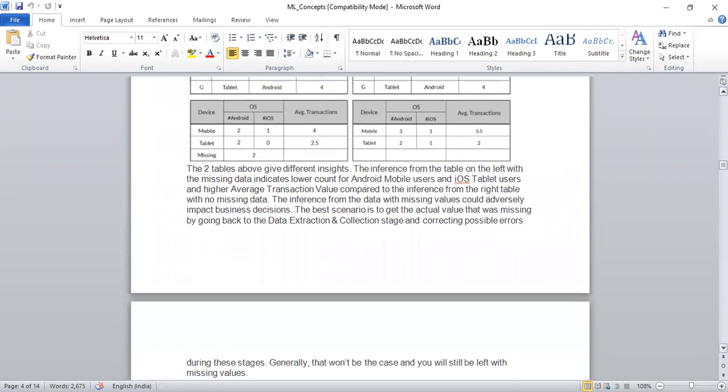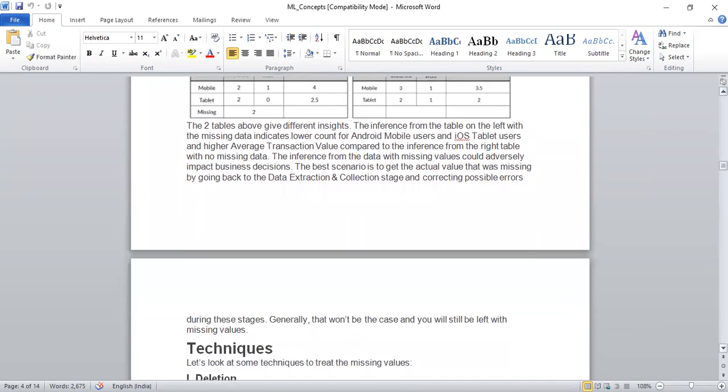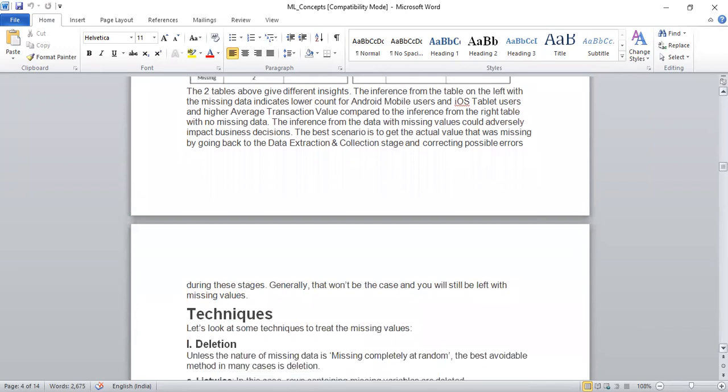So the best scenario here is to get the actual value that was missing by going back to the data extraction and collection stage and correcting the possible errors.